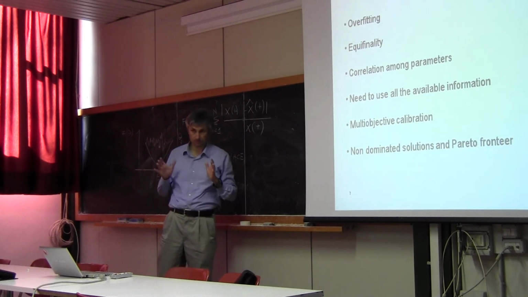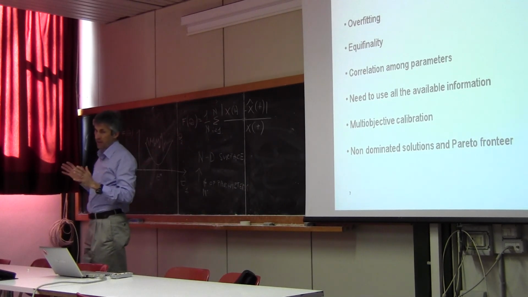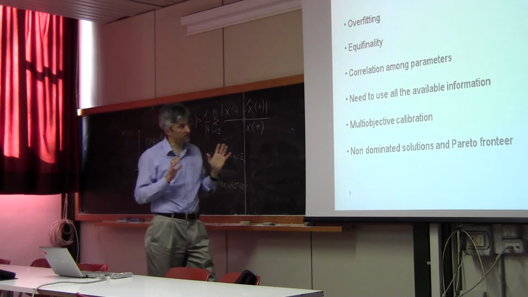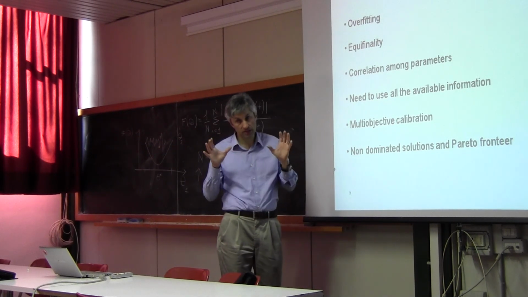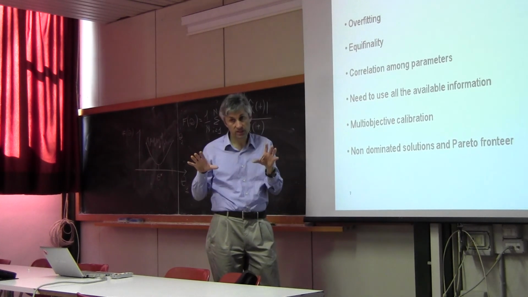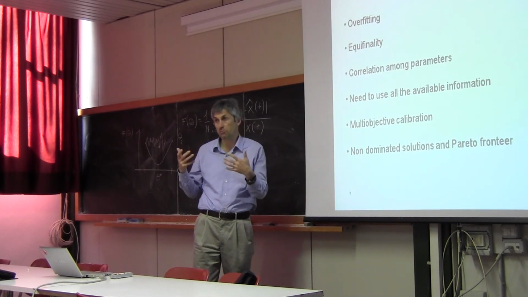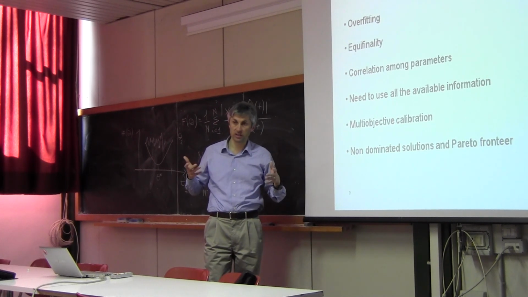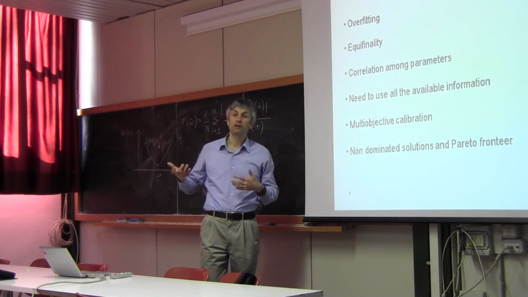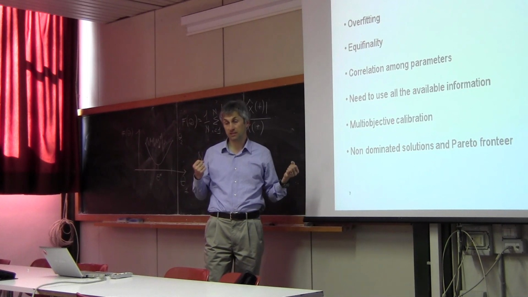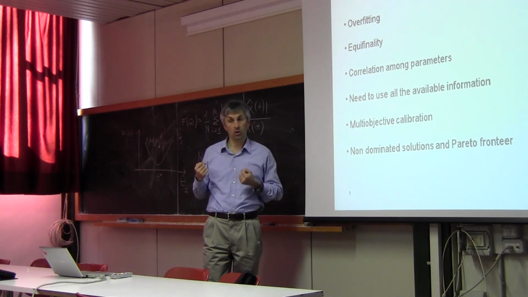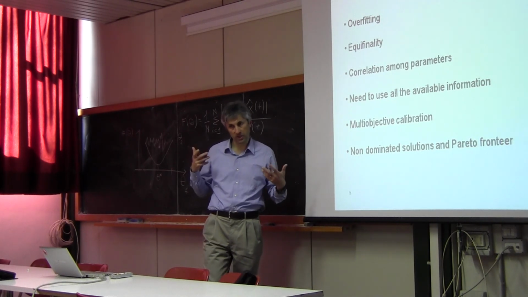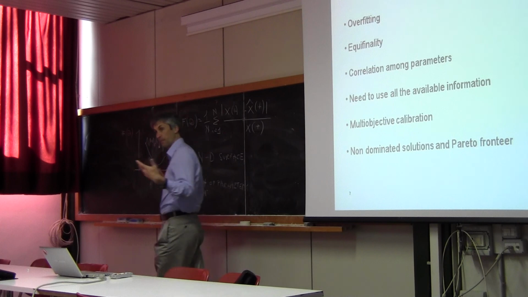Basically, the main idea is to increase the amount of information. When you estimate the parameters of a model, when you calibrate a model, you are using some information, which is basically observed data. So the suggestion is to try to increase the amount of observed data, either by collecting more data, but this takes time, or by using some alternative information in calibration.